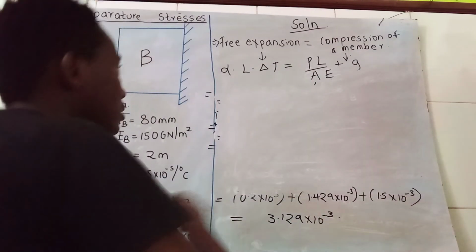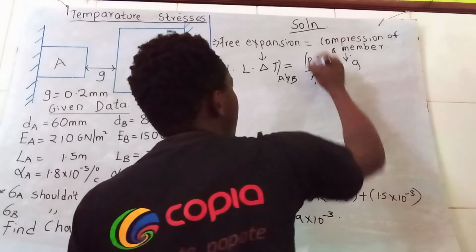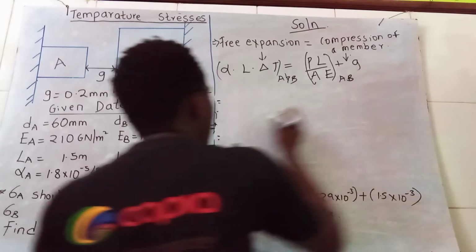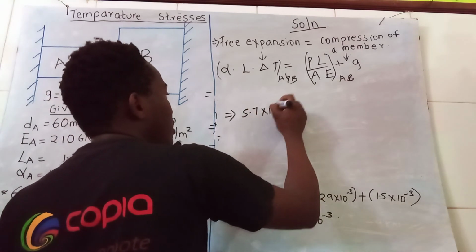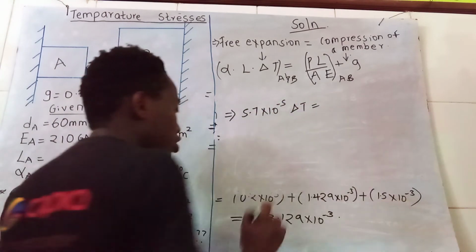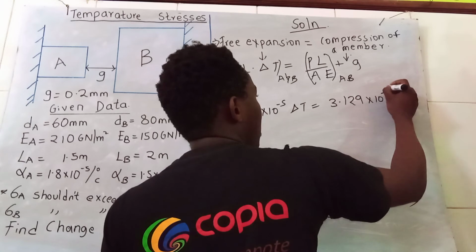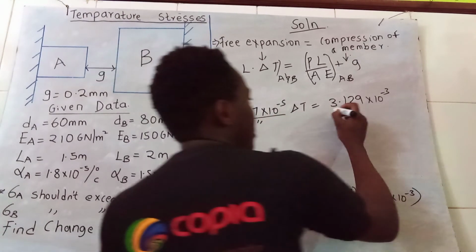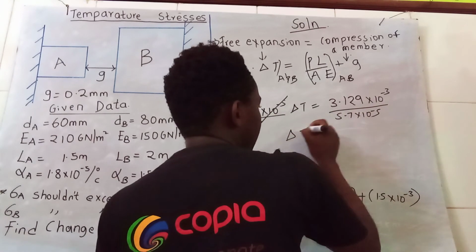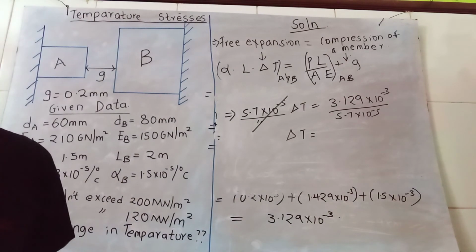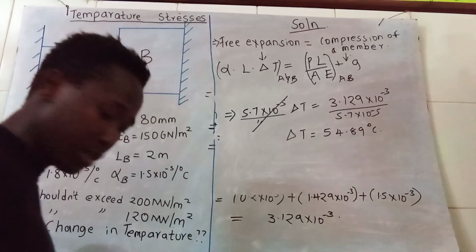Back to where we were, this was for both A and B. So that is going to be equal to 5.7 times 10 to the power negative 5 times change in T, which equals 3.129 times 10 to the power negative 3 divided by 5.7 times 10 to the power of negative 5, and with that the change in T is equal to 54.89 degrees Celsius.